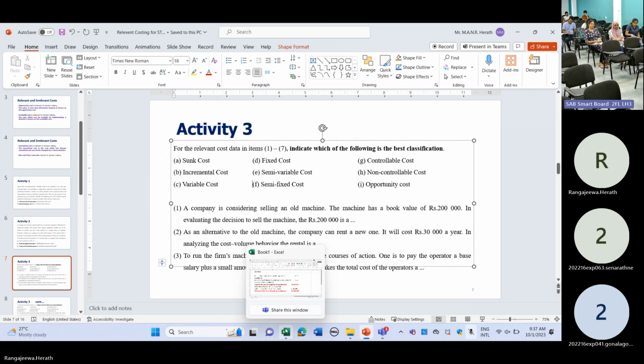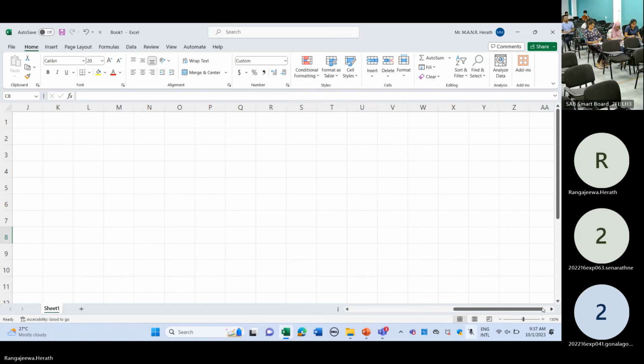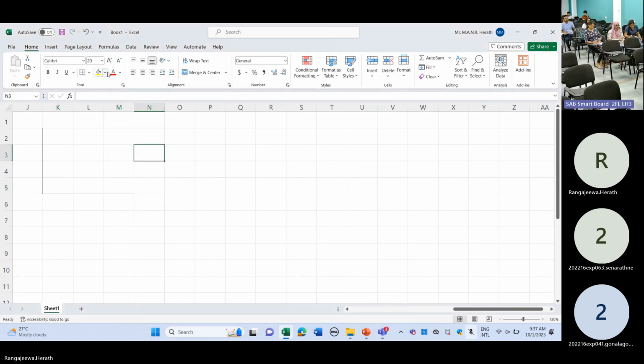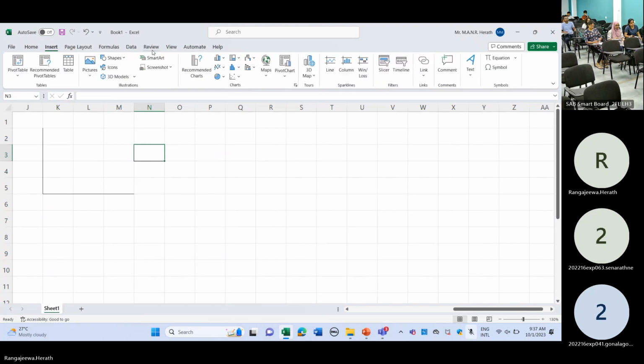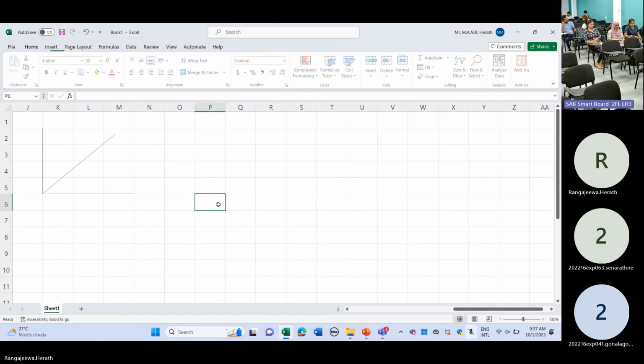The semi-fixed cost curve looks like this. First, this is the variable cost.